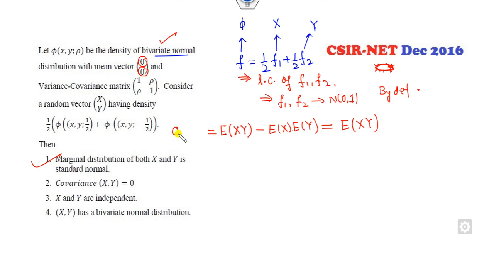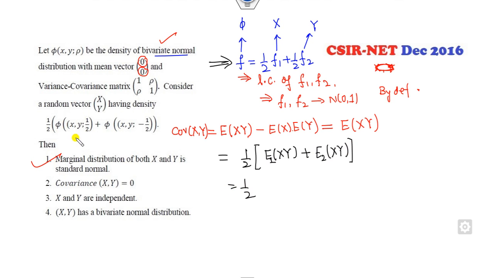Now this is the definition of covariance. Now look at that. If I apply the expected value of xy in this case, what will happen? Using this property, it is half the expected value of xy for distribution f1, plus half the expected value for the other. Now in this case, rho is half, so for this case 1, half, half, 1.